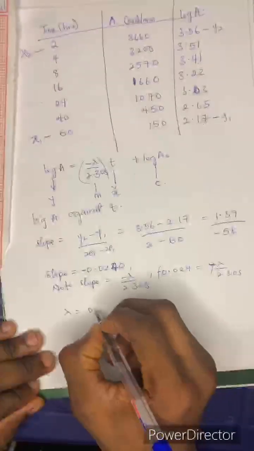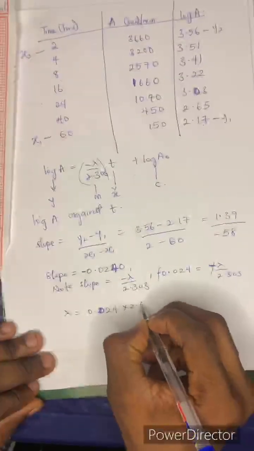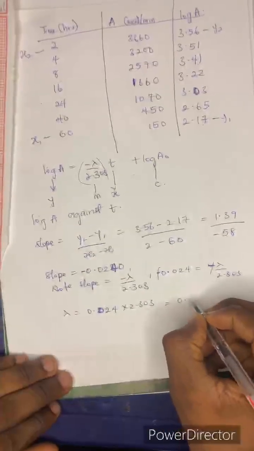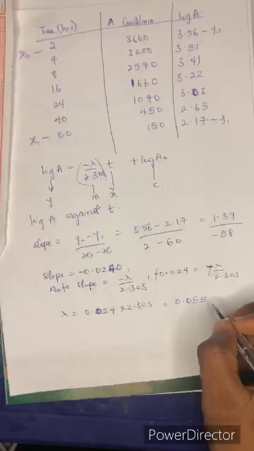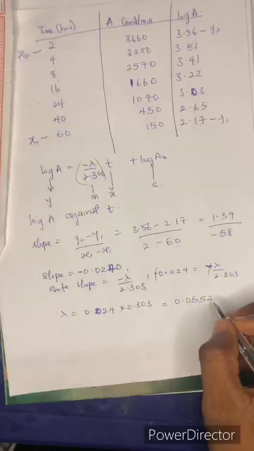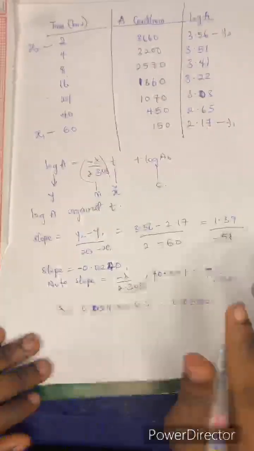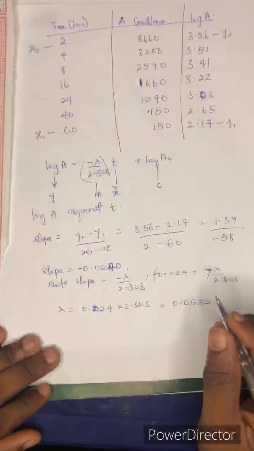Minus cancels minus, so lambda is equal to 0.024 times 2.303. That will give us 0.0552. I approximated. I did not approximate in my calculation, but I approximated here. So if you calculate yours and it's giving something different, just know that it's because of approximation issues.